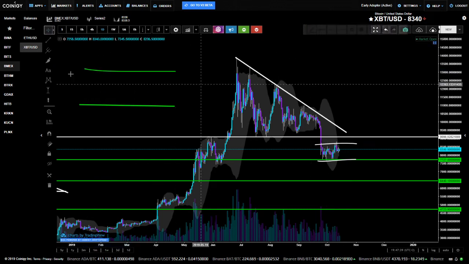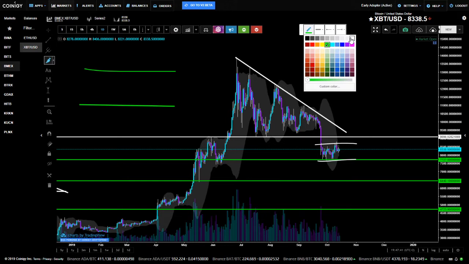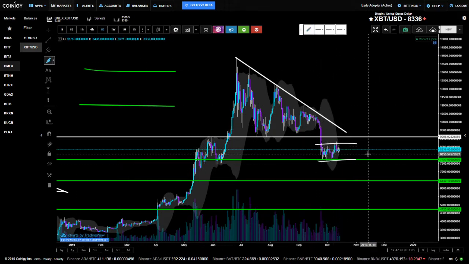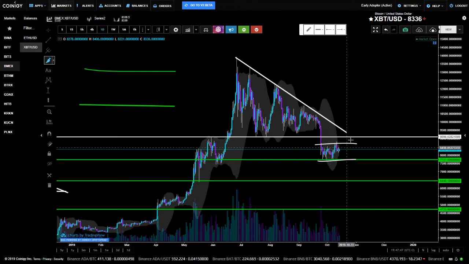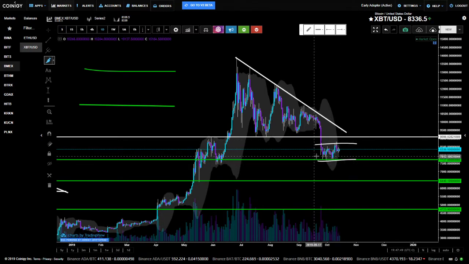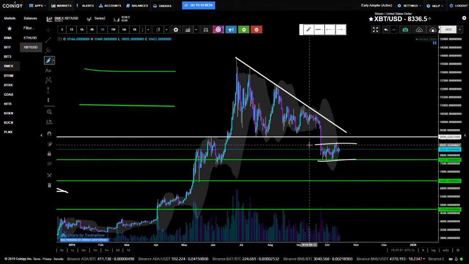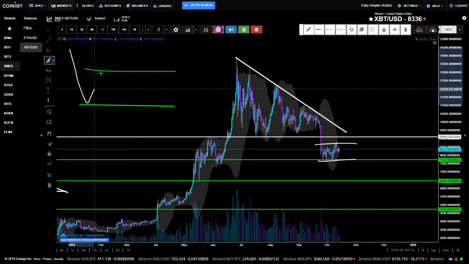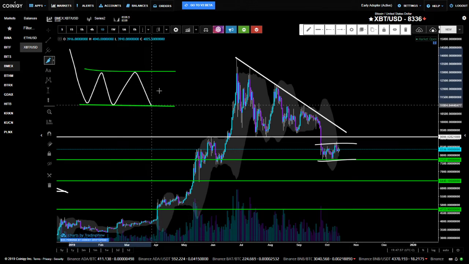Let me put it green again. So with this happening right now, if you are not in a long since bottom range or in a short since top range, you just gotta fucking sit on the sidelines and let this resolve itself.